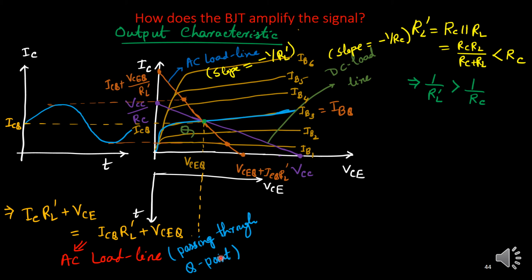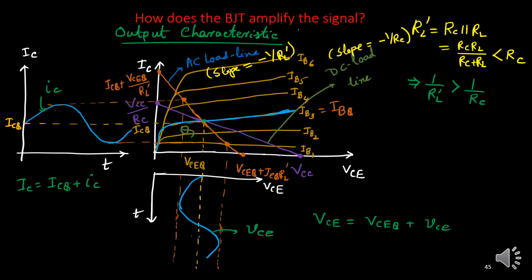So when IC is increasing, this point is moving from this to this side, so VCE is coming to this side. And when it is reducing, it is going to this side. So this plot should be with respect to this AC load line, not the DC load line.